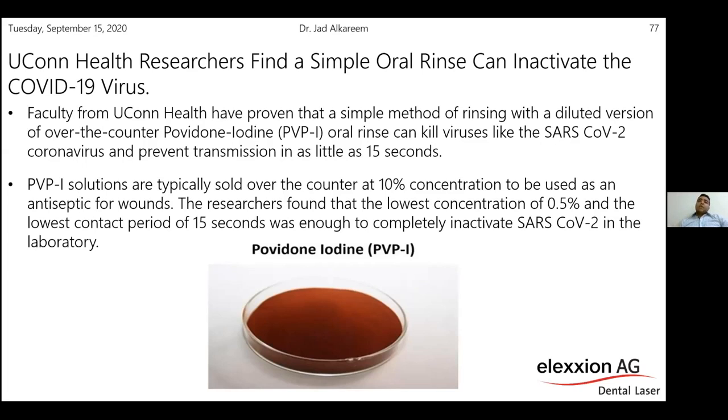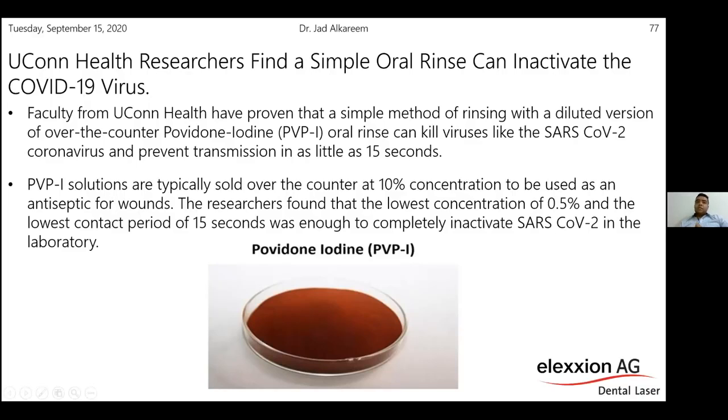There were some researches, as mentioned on the screen, showing that you can use povidone iodine during the laser application. You apply it onto the tissue, and this will decrease the risk of infection to the dentist and also to the dental assistant. With the povidone iodine, you can use it together with the diode laser. You stop the application, then apply small drops onto the tissue, and then continue the application again.